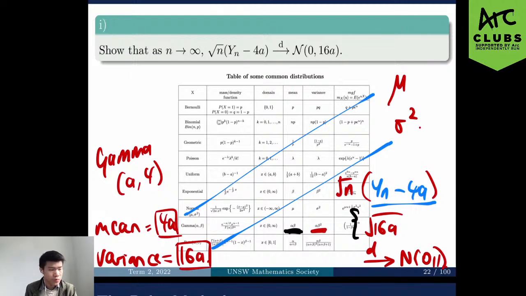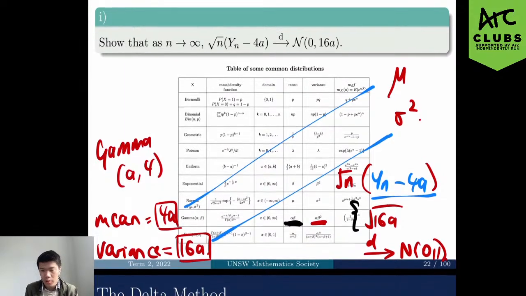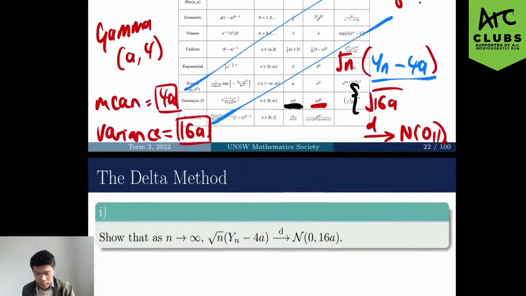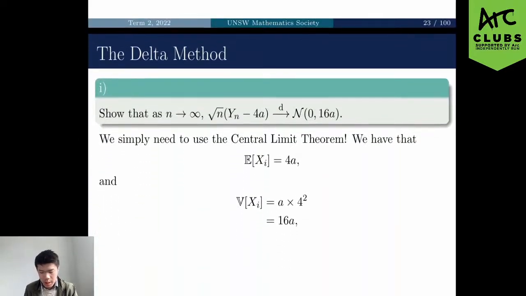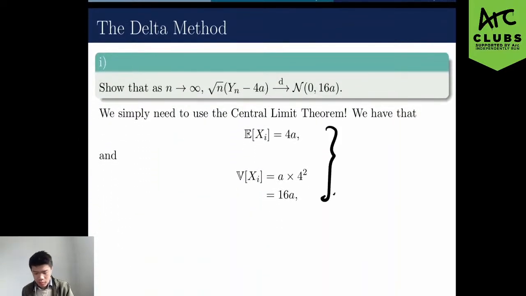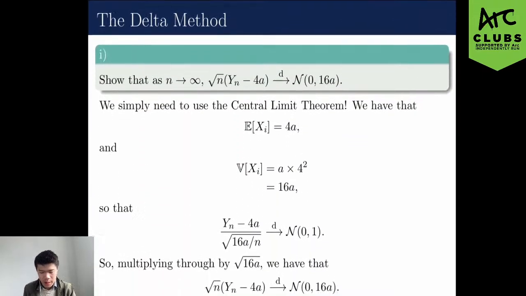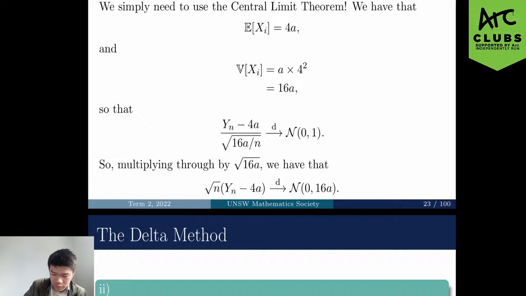We just multiply through by root 16a, and in convergence in distribution, we can just multiply through by constants. All we have to do now is just multiply through by root 16a, and we get from there to there. And also, we go from N(0,1) to N(0,16a).